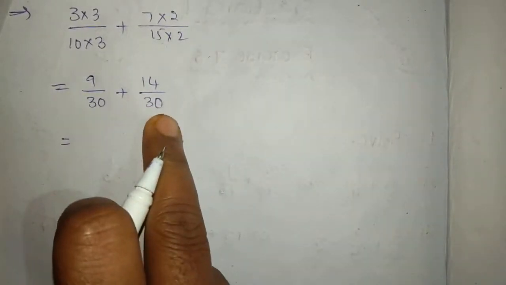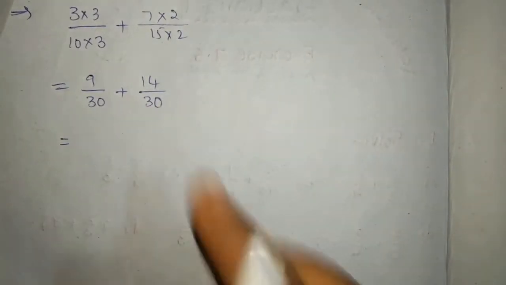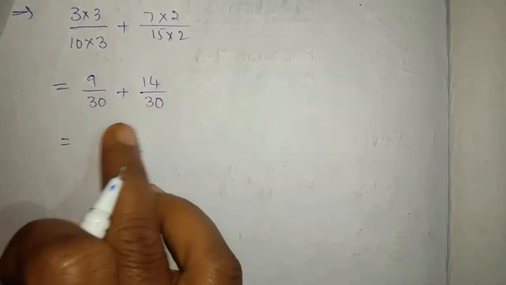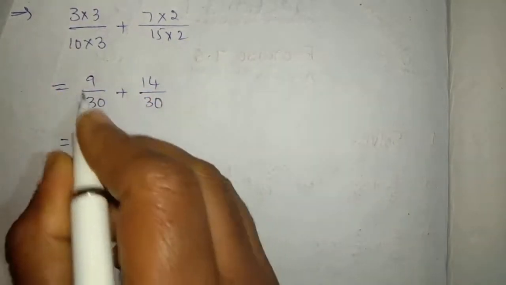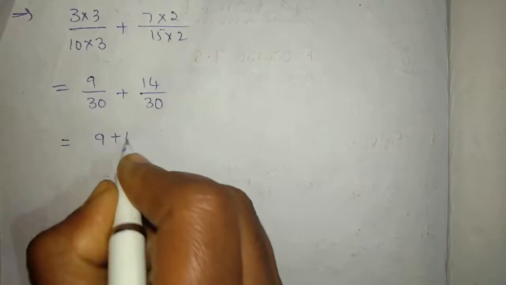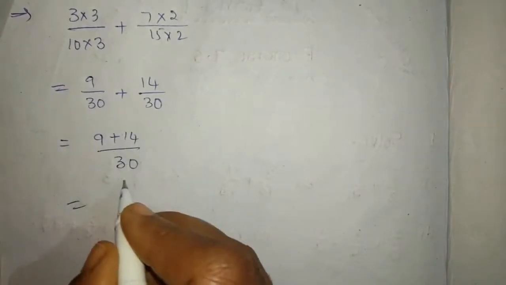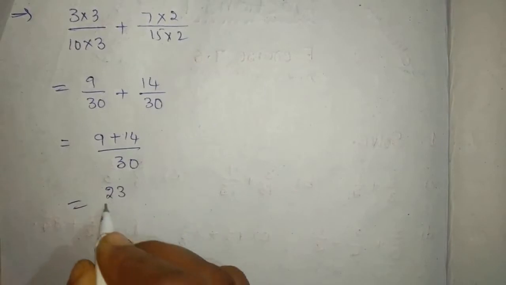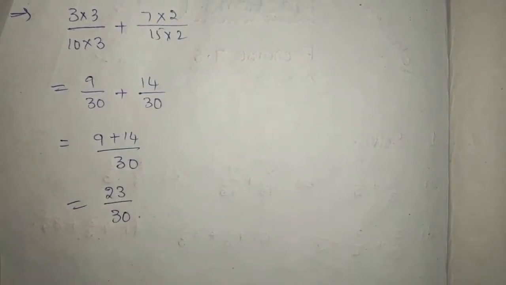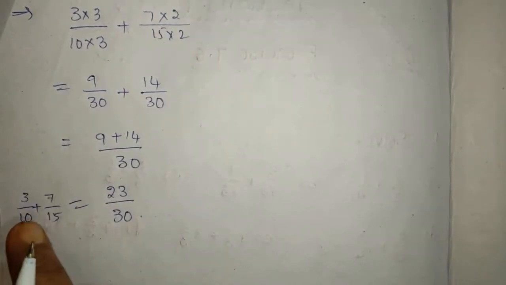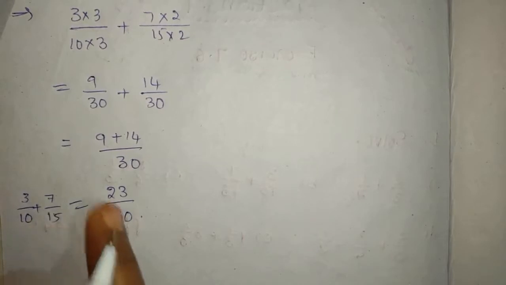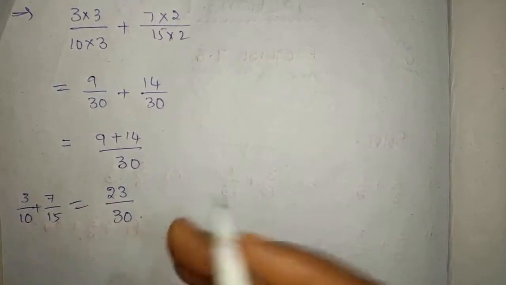Here the denominators are equal. So simply we add the numerators by keeping the same denominator, that is 9 plus 14 by 30. That is equal to 23 by 30. Therefore 3 by 10 plus 7 by 15 is equal to 23 by 30.